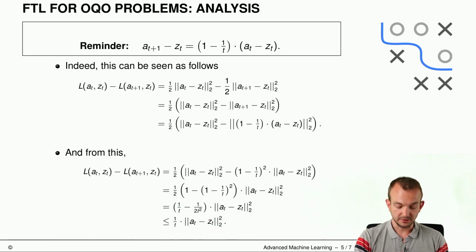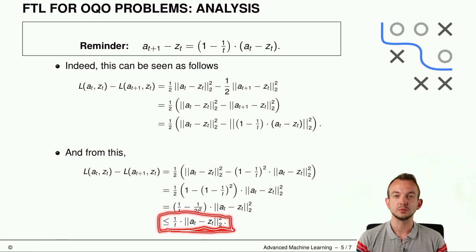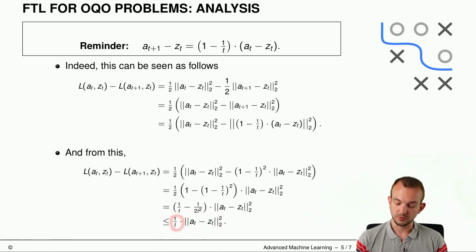And this is exactly the claim we wanted to show, that the difference between the losses of the follow the leader algorithm and the one-step look-ahead cheater version is bounded by the difference of the action and the ZT in terms of squared Euclidean norm, multiplied with 1 over t.